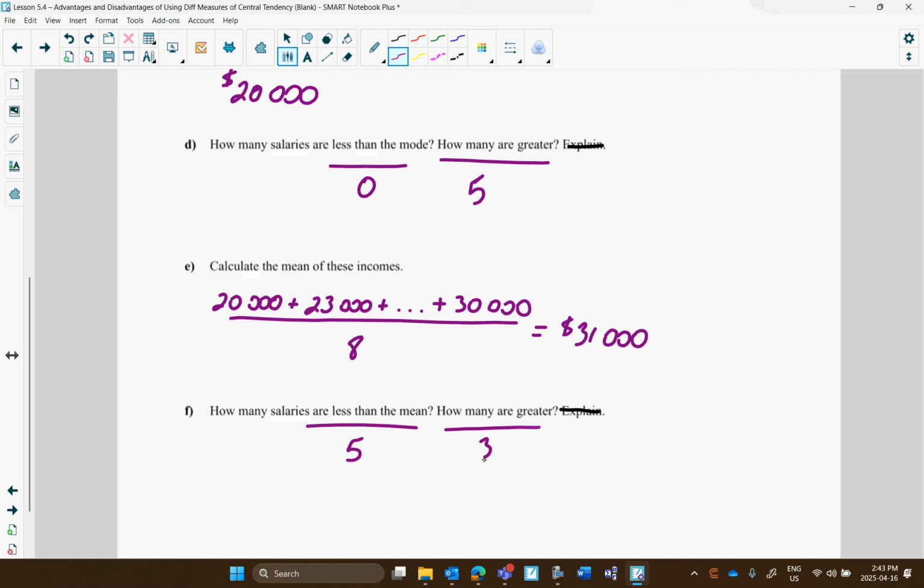The outlier of 58,000 holds the mean higher. So you do want to make sure you have an understanding.